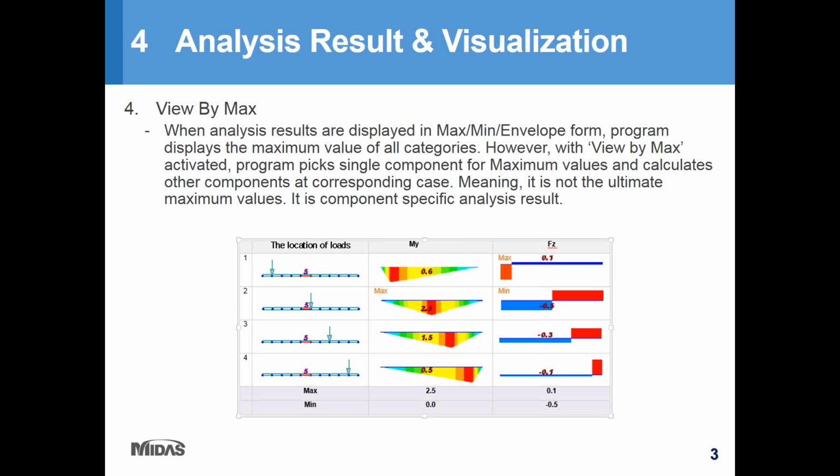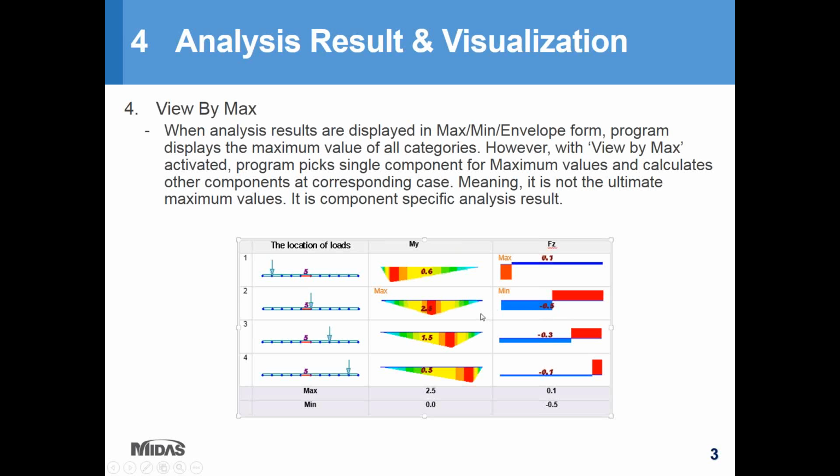But when view by max is activated, the program asks the user to pick a single component for the maximum value and calculates the other components at the corresponding case, meaning that it will not show the maximum value for all the components, but will rather select one component for the max and then calculate the other values at that corresponding case.